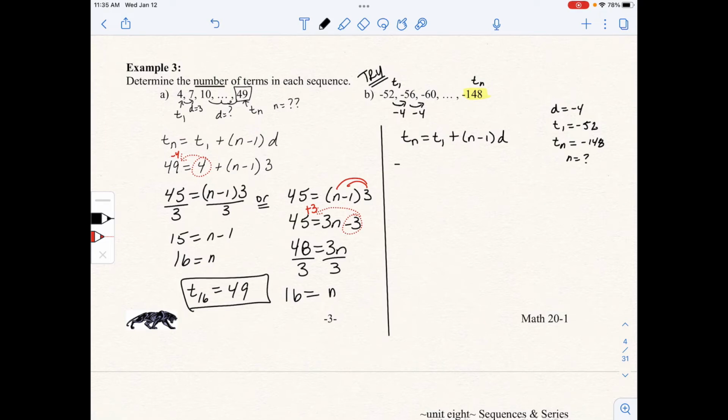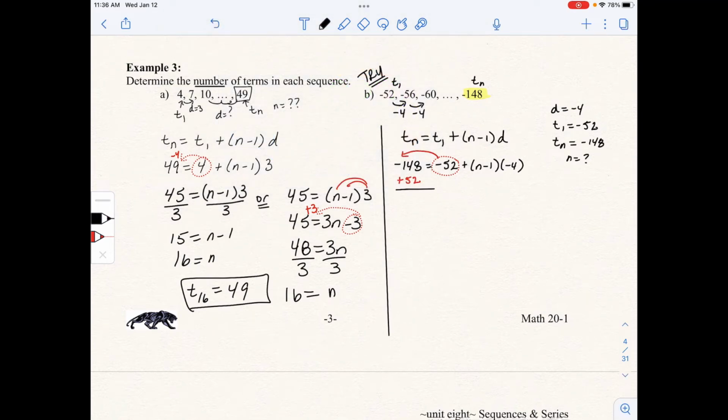So Tn is negative 148. That first term, negative 52, plus n minus 1 times that common difference of negative 4. Algebraically, we know there's a couple of ways to do this, but what I'm going to do is first isolate my variables a little bit by adding this 52 to both sides.